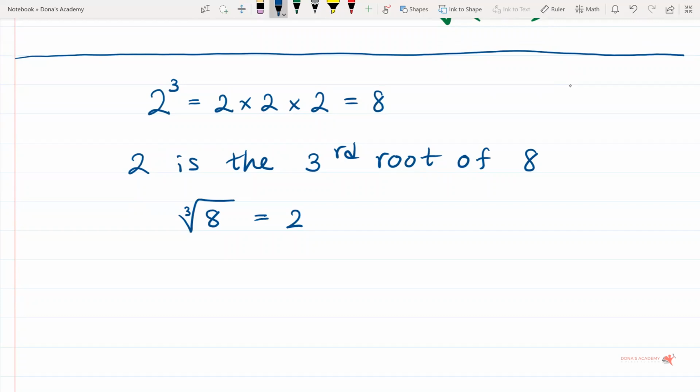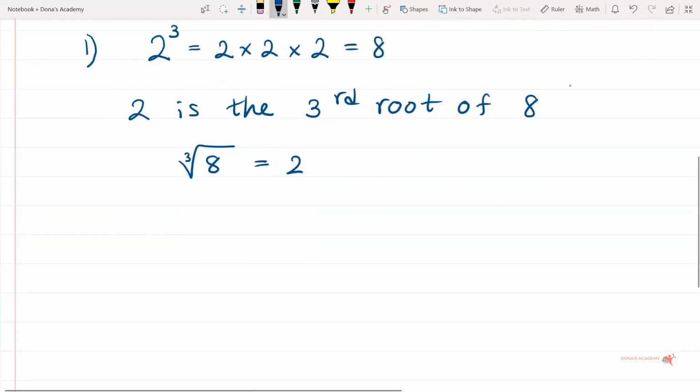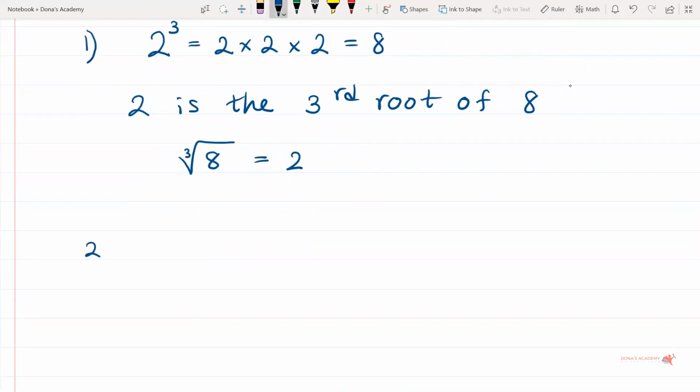Now, which is my first example. Second one. What if I take 3 squared? This means 3 times 3 equals 9, right? Now, we can say that 3 is the second root. We usually don't say second root.